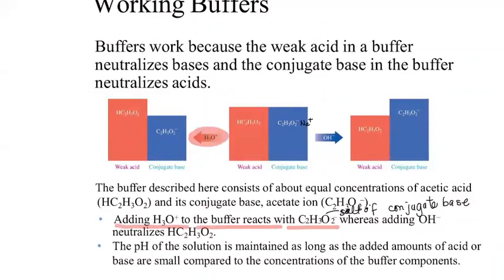So if we think about it, when we add acid to the system, since this is added acid, that means that we are adding H plus, and that H plus is reacting with my conjugate base.